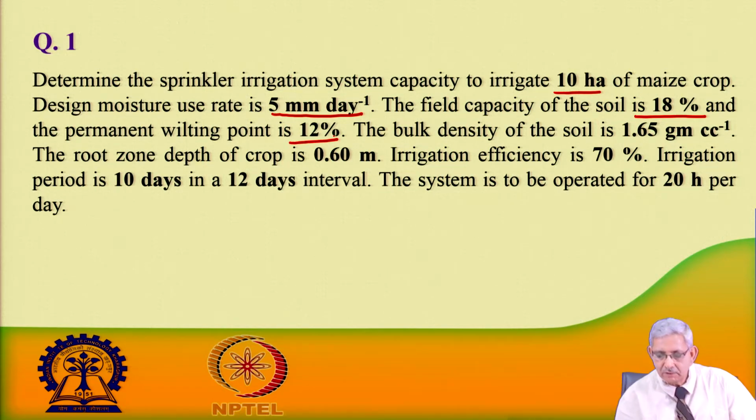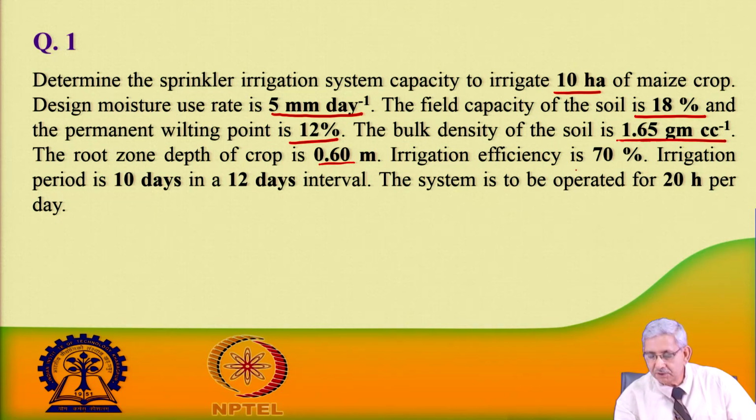So, these two soil constants are available to us. We are given bulk density of 1.6 gram per cc, and root zone depth is 60 centimeter. This is another depth data available to us.